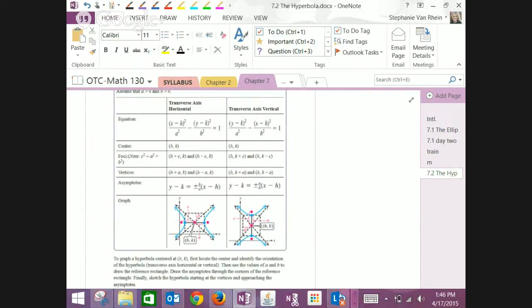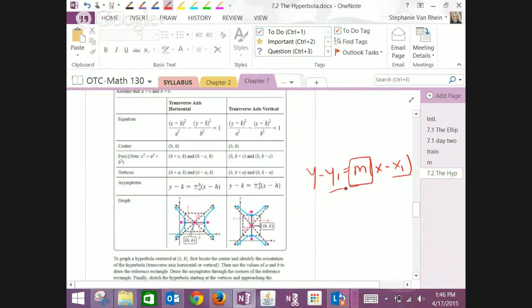If you guys recall, y minus y1 equals the slope times x minus x1. So given a point and a slope, we have to plug it in this formula. When our point is 0, 0, it's really easy. But when our point is anything other than 0, 0, then we have to plug our slope in the equation of the line. But that's the only thing different.